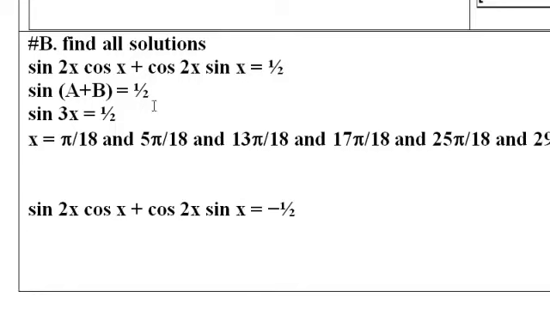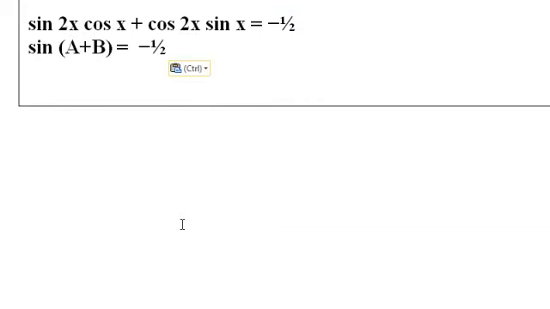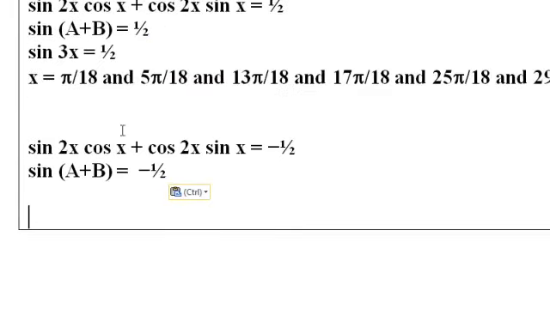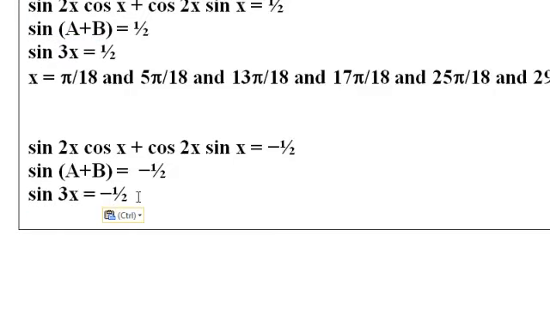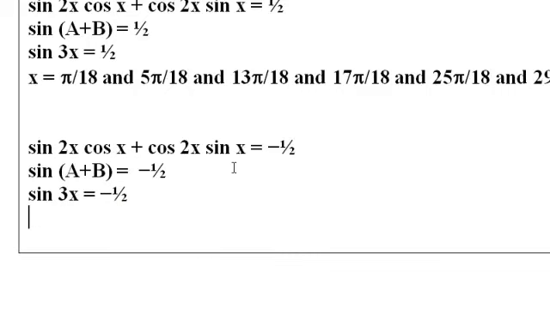Same thing, except we have now a negative 1/2. There we go. Which means we're going to be in the third and fourth quadrant at 210 degrees and 330 degrees, which in radians is 7 pi over 6 and 11 pi over 6.